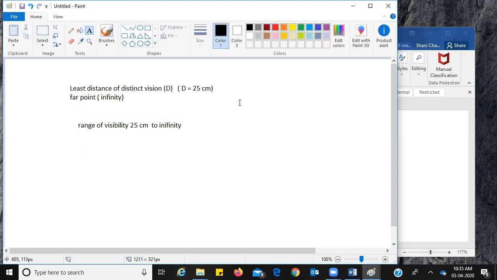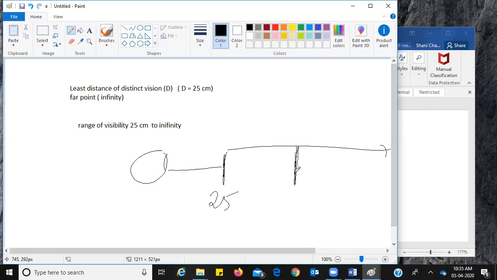And the condition is, the far point is reduced. That means if you have the human eye here, this is the 25 centimeter point. A normal person should be able to see till infinity. But a person with short sight will be able to see only till here, maybe 10 meters. Here, his vision is not able to help him find objects beyond 10.